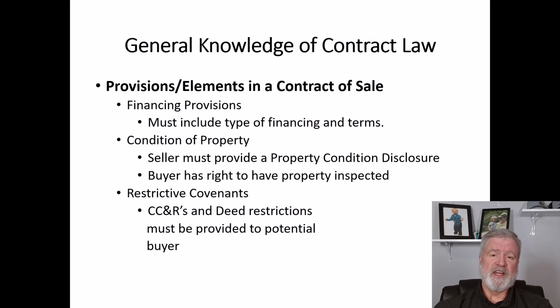But then at some point after our due diligence period, yet before closing actually takes place, let's say the heating and air unit quits working. Well, the buyer may have no knowledge of that, because they've already done their inspections, and at the time of the inspections, it was working fine. But now it's not working. Well, is the seller off the hook from having to repair or replace it?